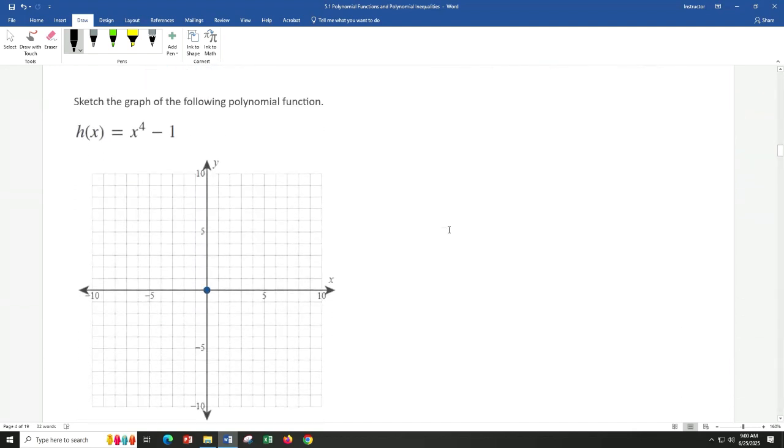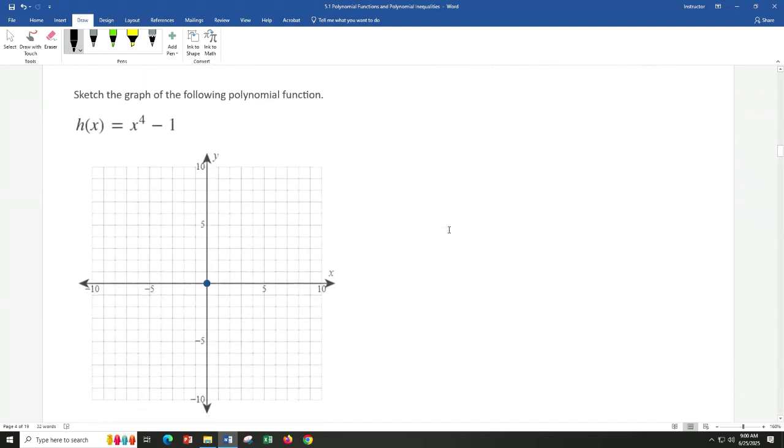So look at this guy right here. Sketch the graph of the following polynomial function. First off, you know some things. Is this a positive or negative? We know it's going to go up then, right? Because it's emblematic of what?